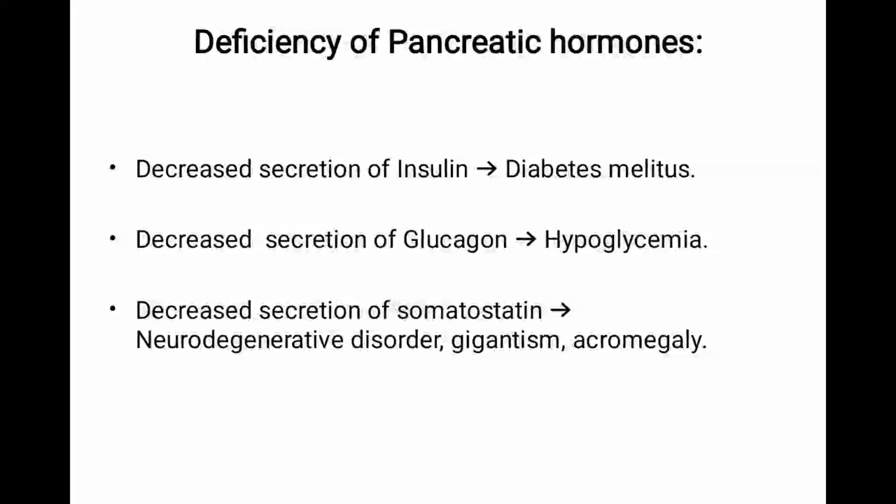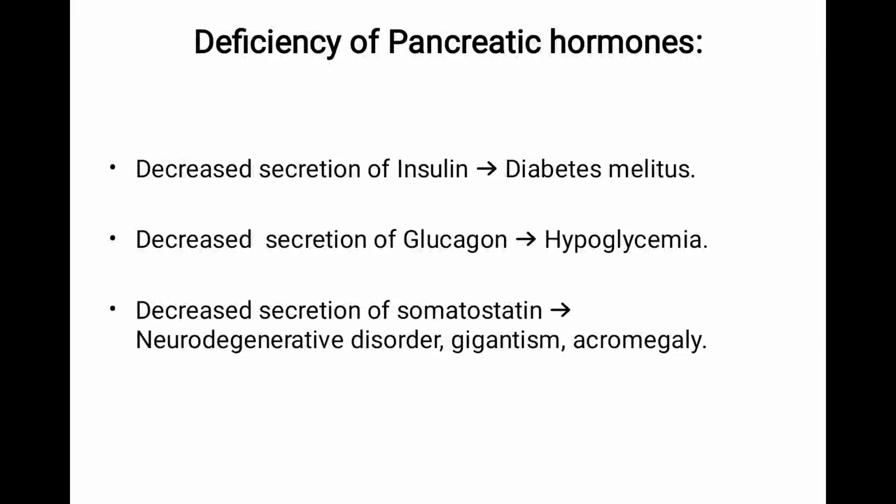Coming to the deficiency of pancreatic hormones, a decrease in the secretion of insulin results in the disorder called diabetes mellitus. That's nothing but a decrease in insulin increases the blood sugar level. Decrease in the secretion of glucagon is responsible for the condition called hypoglycemia, that is, a decrease in the blood sugar level.